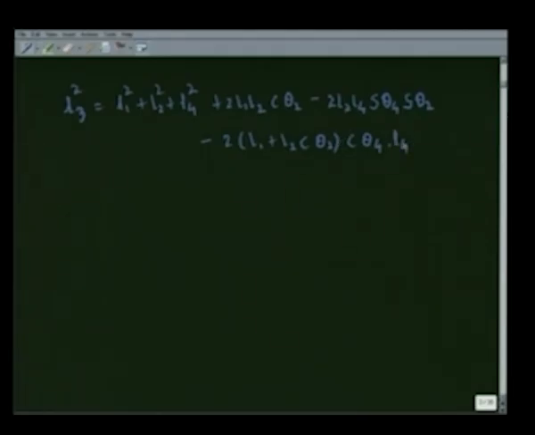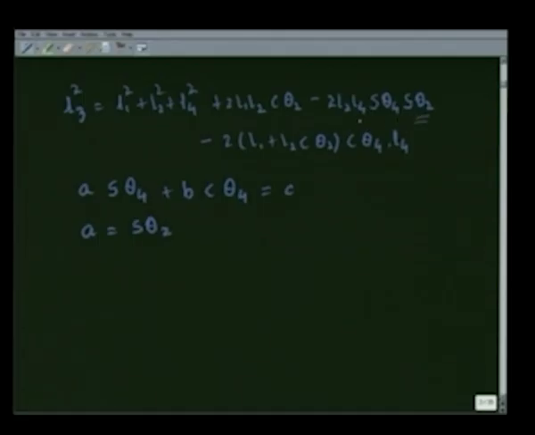Now divide all the terms of this equation by twice L2 L4, and as a result we get a simple equation A sin theta 4 plus B cosine theta 4 is equal to C, where A is given by sin theta 2, that is coming from this term.